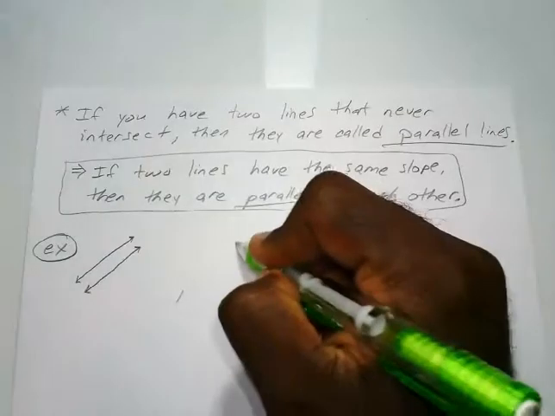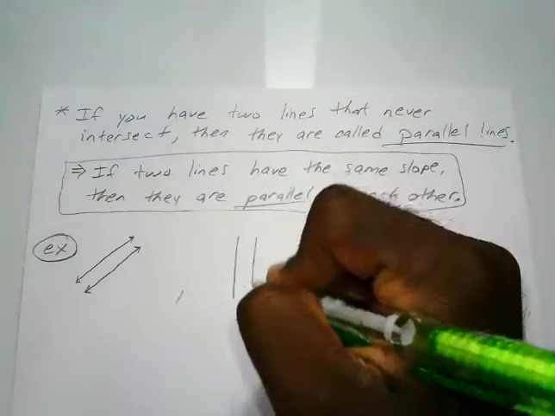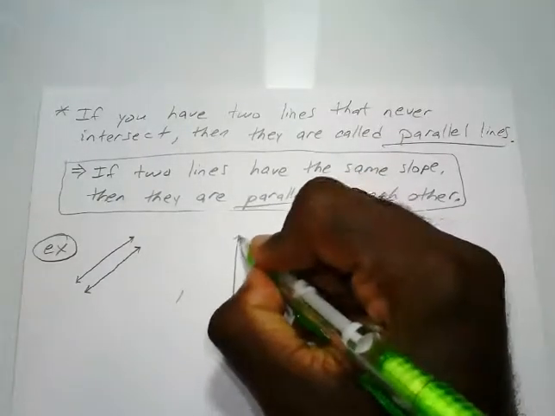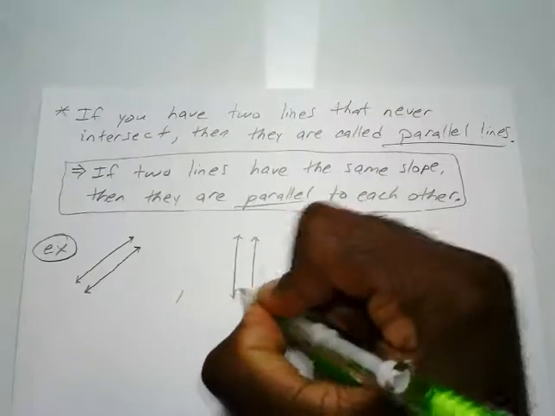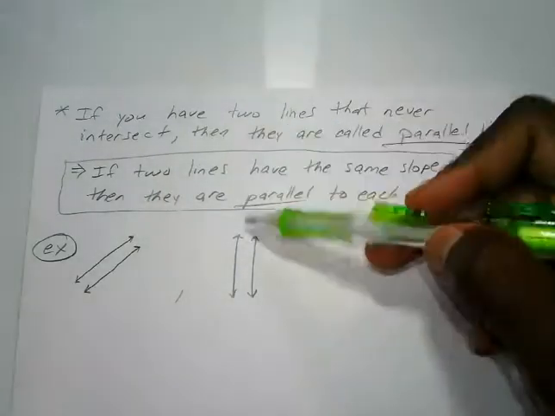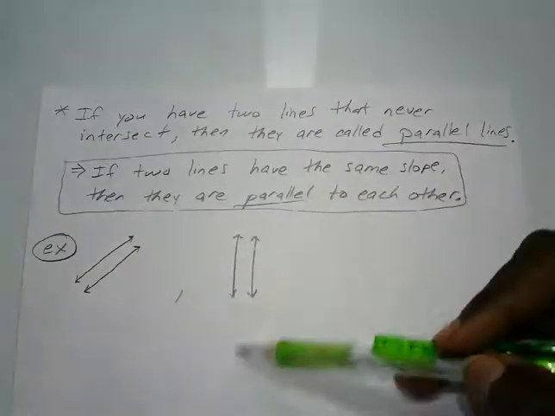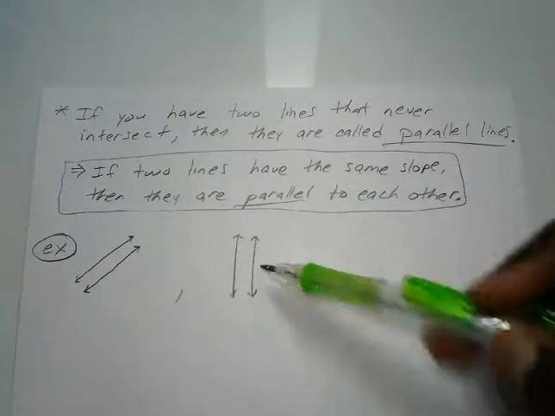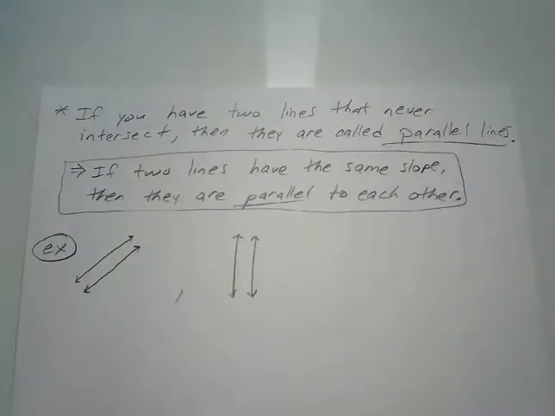Or what if we have these two lines? Those are parallel, go in the same direction, and no matter if this goes on forever and this one goes on forever, in that direction and that direction, they'll never cross each other, no matter how long they become.